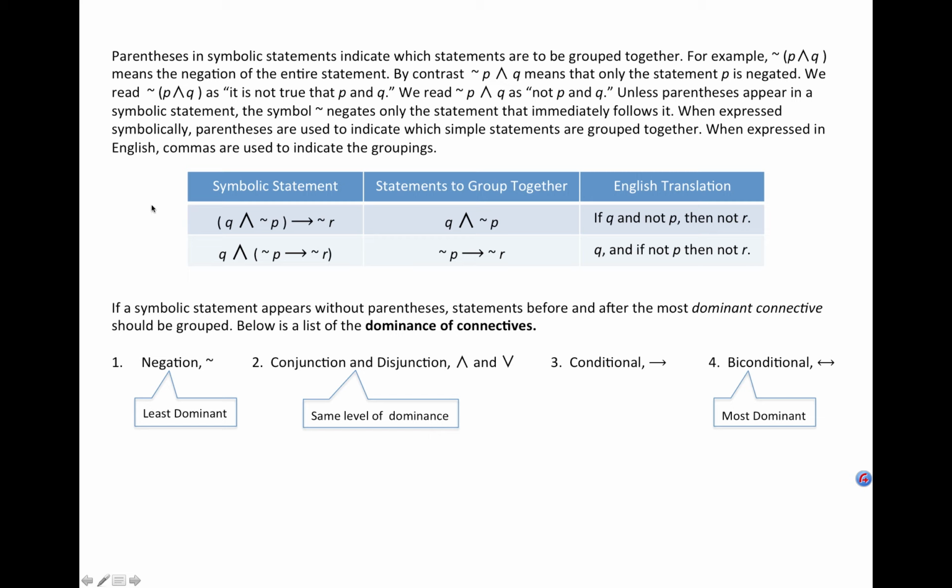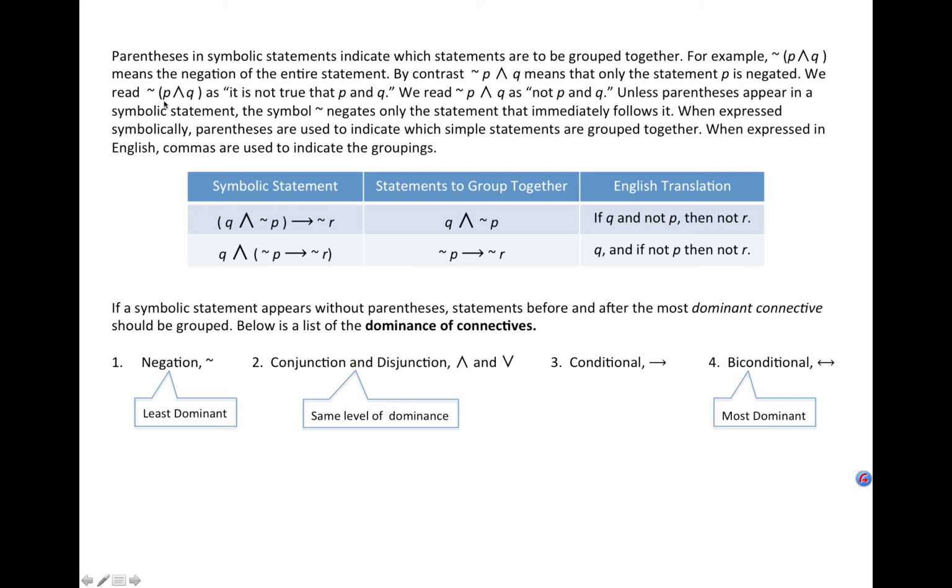Parentheses in symbolic statements indicate which statements are to be grouped together. For example, this notation right here means the negation of the entire statement. By contrast, this notation means that only the statement P is negated.